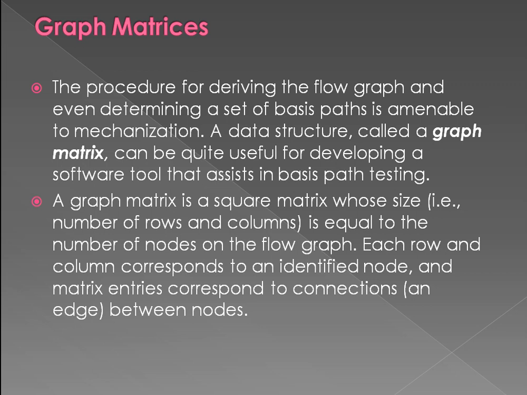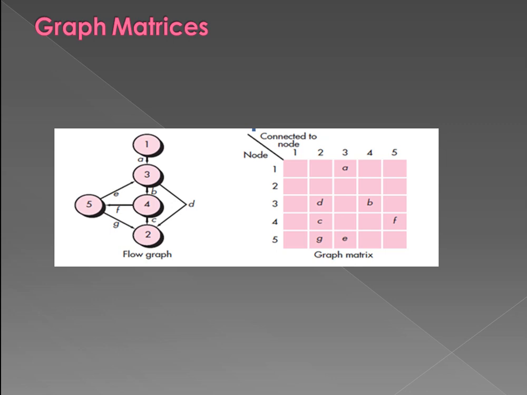How can I match them? With the help of the connection. For clear understanding, I will show you in the next slide. On the left side there is a flow graph which contains nodes and edges, and between one node and another I have given some variable names on the edges. These are simply ways of writing a flow graph.